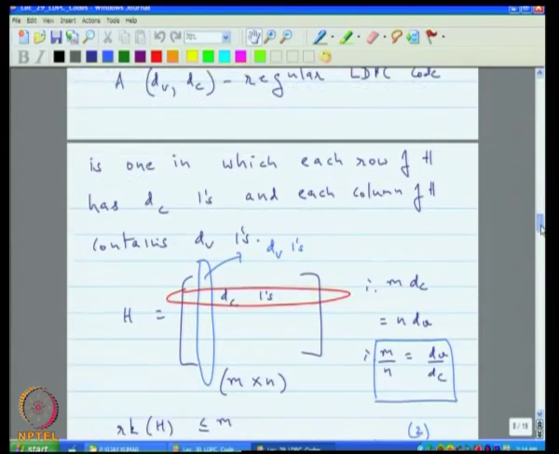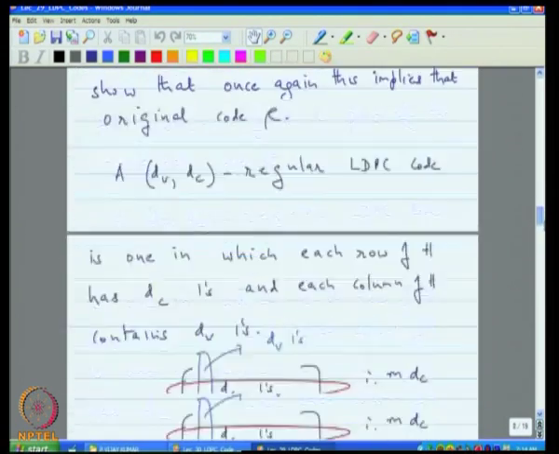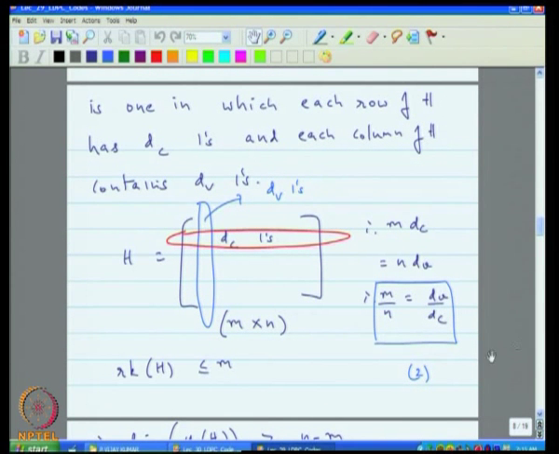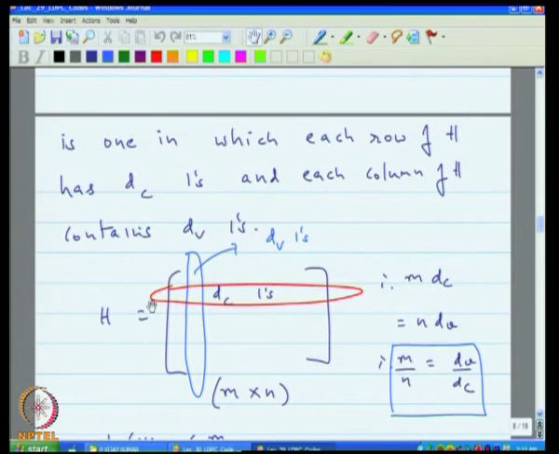Then we introduced a subclass of LDPC codes known as DV-DC regular codes, and here the property of these codes is that from the point of view of a parity check matrix, every row has an equal number of ones, which is equal to DC. Each row stands for a parity check.